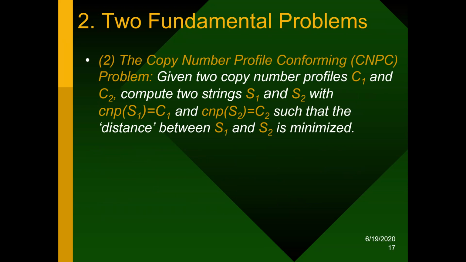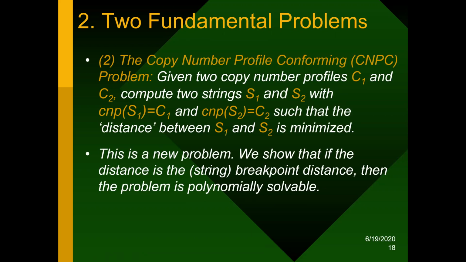So we are given 2 copy number profiles, C1 and C2. We want to compute 2 strings, S1 and S2, such that the corresponding CNPs of S1 and S2 are C1 and C2 respectively. And of course, in this case, you want the distance between the 2 computed strings to be small. In our case, minimum.